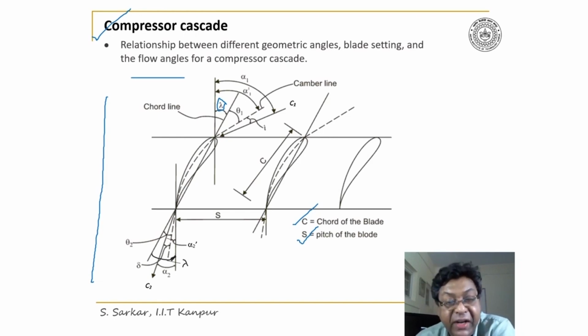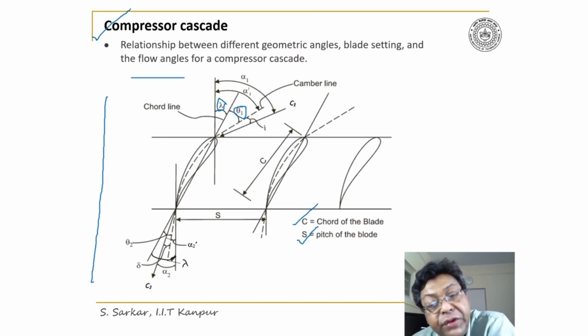Now I have defined in this figure theta 1 and theta 2. Look, theta 1 is the angle between the chord line and the camber line at the leading edge, and theta 2 is the angle between the camber line and the chord line at the trailing edge. So I have marked theta 1 and theta 2 here.